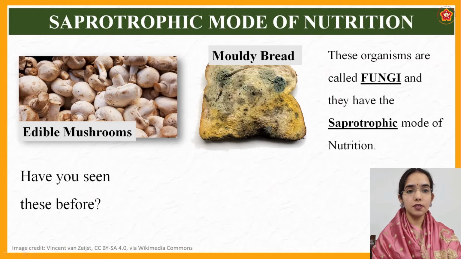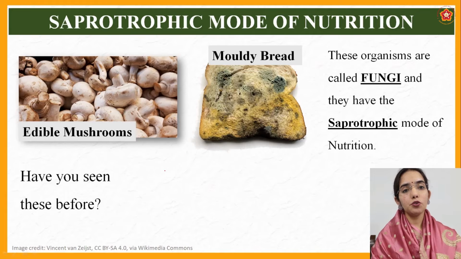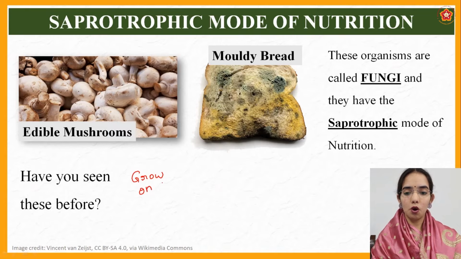These organisms over here are called fungi, and they have saprotrophic mode of nutrition. In saprotrophic mode of nutrition, these organisms grow on dead and decaying matter.